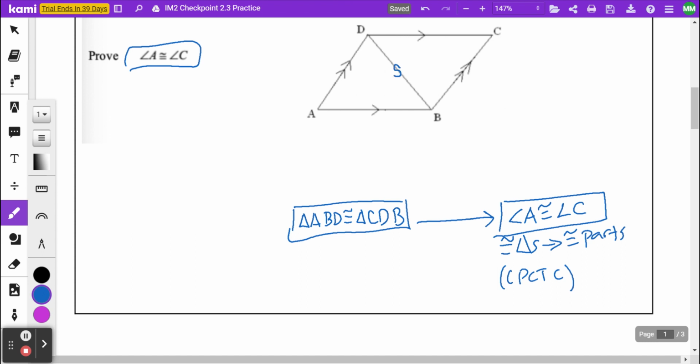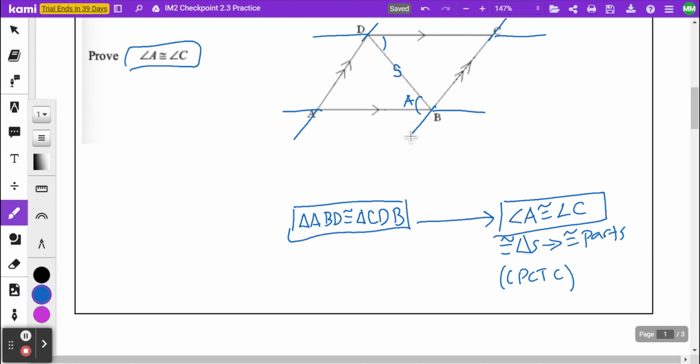And I see that I have these parallel lines. Okay, the parallel lines DC and AB allow me to use alternate interior angles right here. So I see that I have angles as well. And then we have two sets of parallel lines, which is nice.